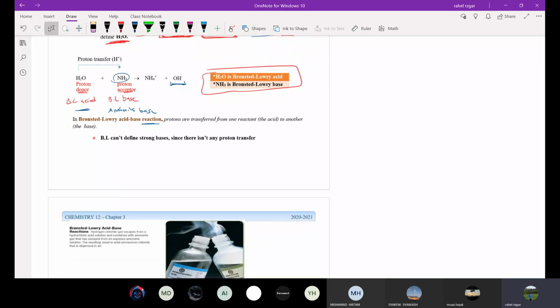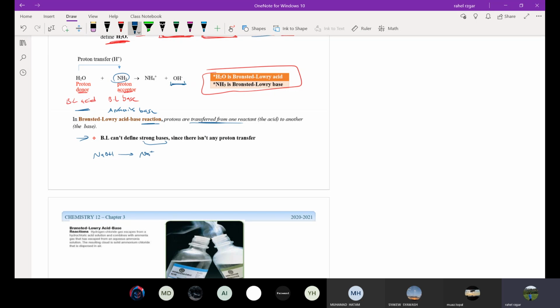Okay, one final note, this is very important. Bronsted Lowry is about a reaction. What is the reaction? There must be a transfer of proton. That's why Bronsted Lowry cannot define NaOH. Write the example down, like NaOH.